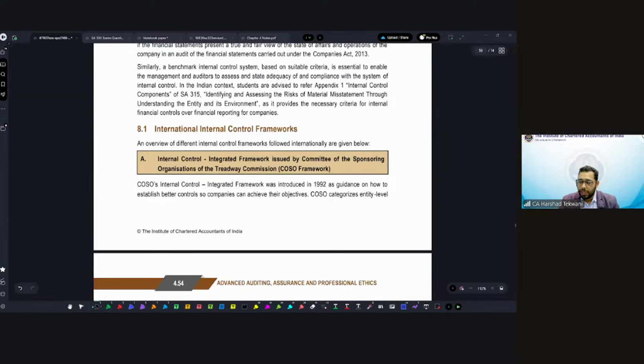It has a very long journey till today when it comes to internal control. But apart from that, we have other internal control frameworks also. For example, we have COCO, Criteria of Control. We have COBIT. We have different kinds of internal control frameworks designed by different entities, like these standard issuing bodies.